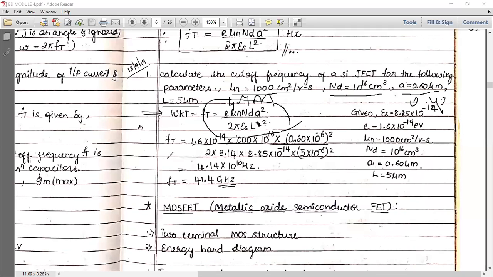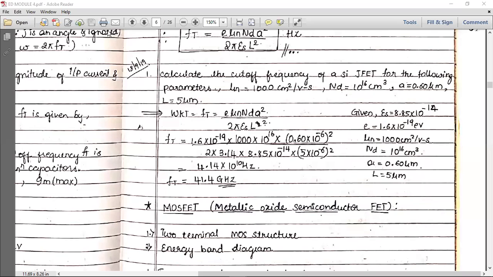Anyone who has copied the question, respond in the chat box. If you copied, start sending the answers using the solution which I already solved. Do it fast.